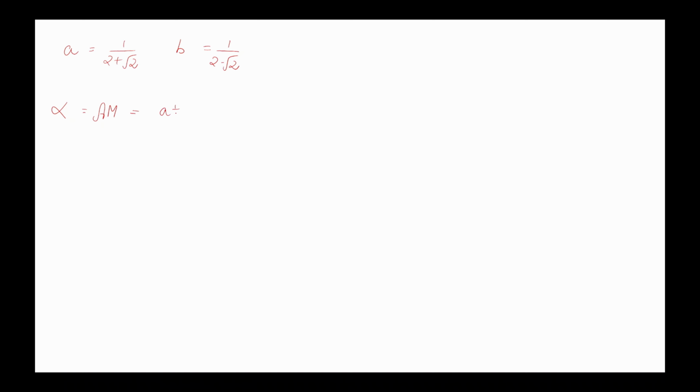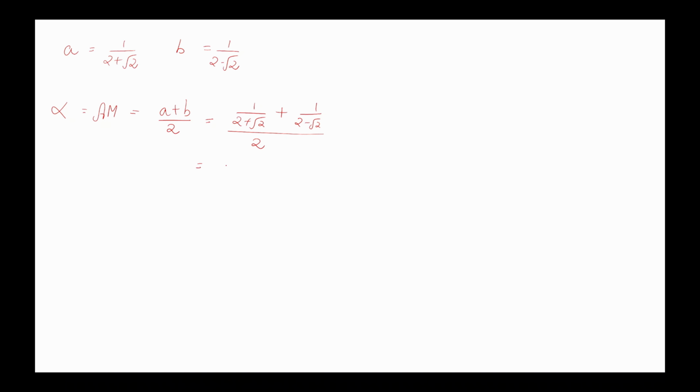It used to be (a + b)/2. This is a concept you have already studied. If you still do not remember, for the time being just remember it. When we study sequence and series, we'll look at this formula once again. So this would be [1/(2 + root 2) + 1/(2 − root 2)] whole upon 2.